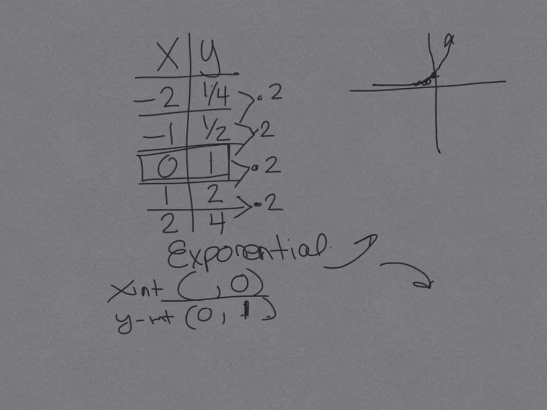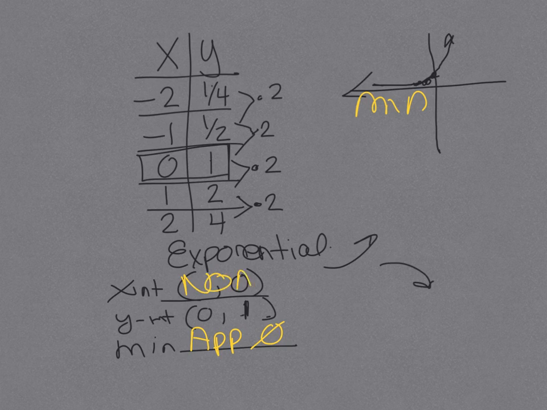So for this, it's going to be a minimum, right? For my minimum, I'm going to put approaching 0. Okay. X-intercept is going to be none because it's never going to cross that x-axis.